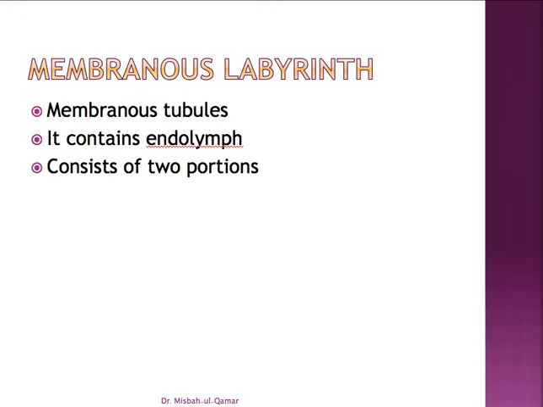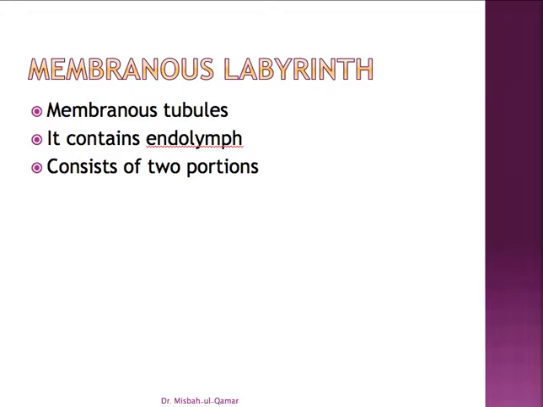The space between the bony and the membranous labyrinth contained perilymph, while the membranous labyrinth contains endolymph. Now, this endolymph is also called otic fluid. And a special characteristic of this endolymph is the level of the potassium ions which is present in it. And that level of the potassium ions is very high.